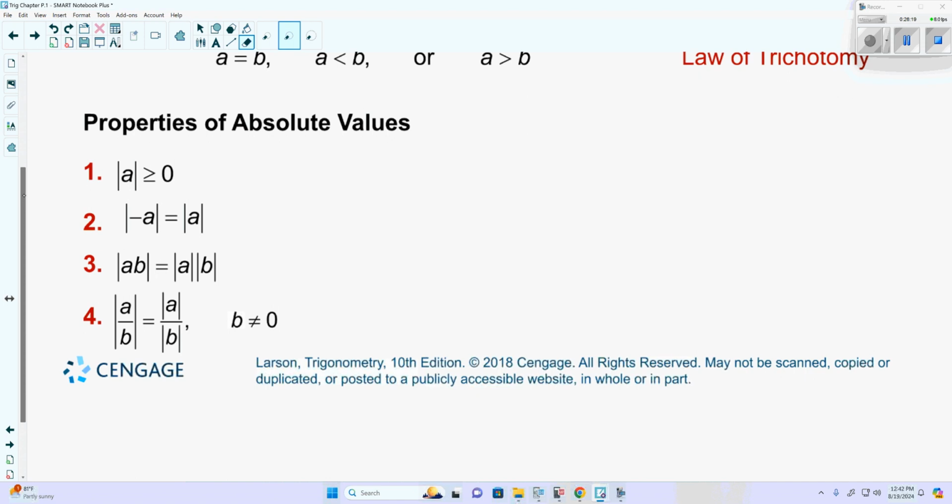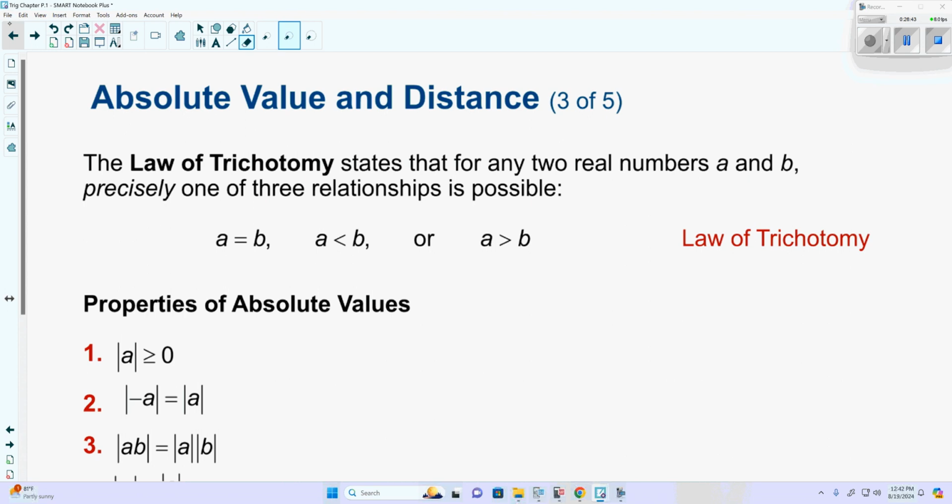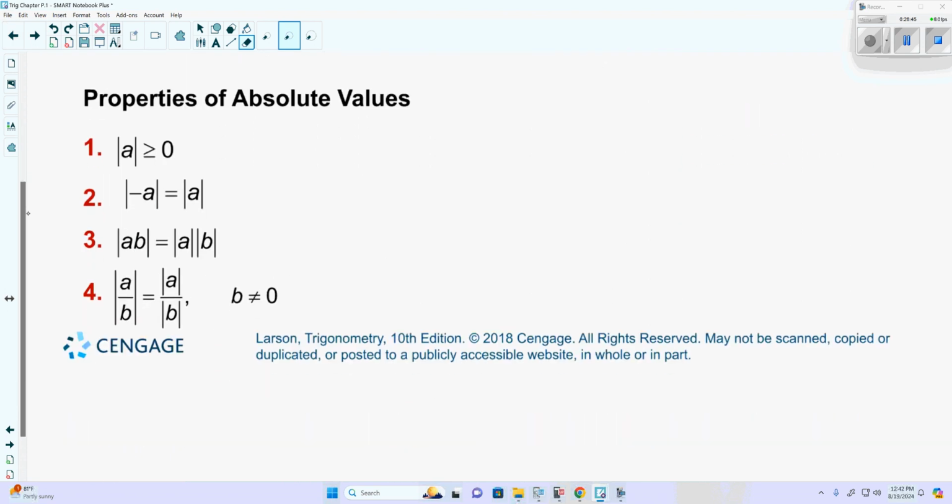The absolute value of negative A, the opposite of A, is equal to the absolute value of A itself. The absolute value of A times B is equal to the absolute value of A times the absolute value of B. And the absolute value of A divided by B is equal to the absolute value of A over the absolute value of B. So these are kind of our definitions here.